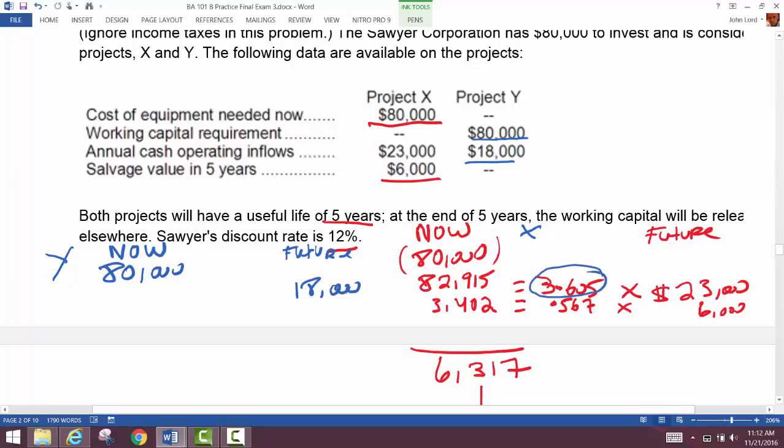Or do you want me to go back to the table to practice with it again? Who wants the table? Okay. All right, so we're going to go ahead and multiply that times 3.605, the same factor. Okay, good. So 18,000 times 3.605 is going to be 64,890.